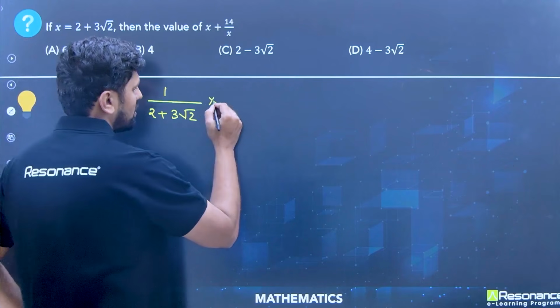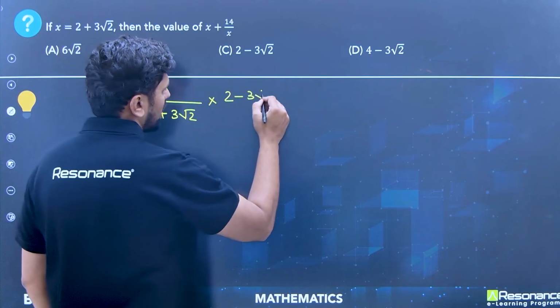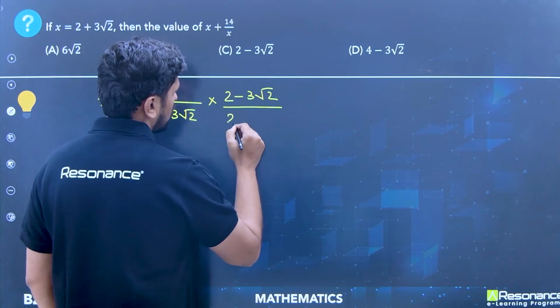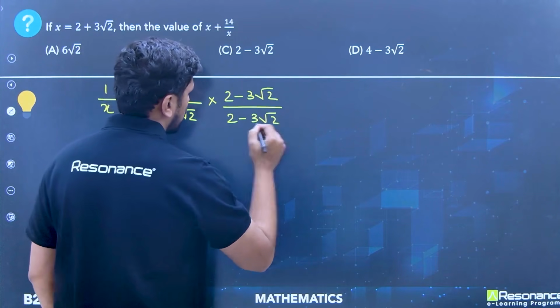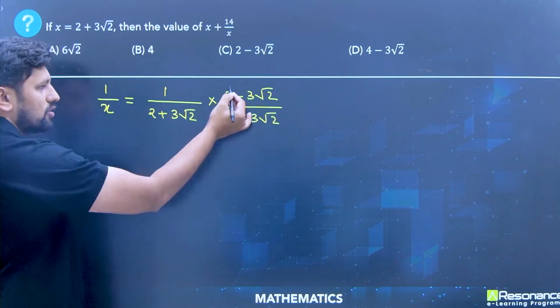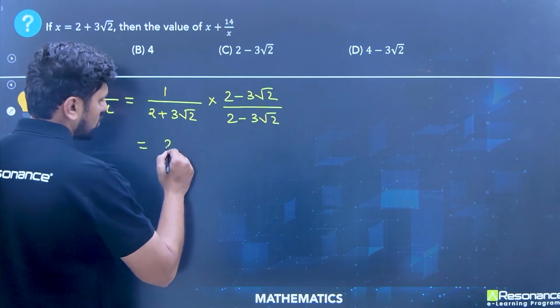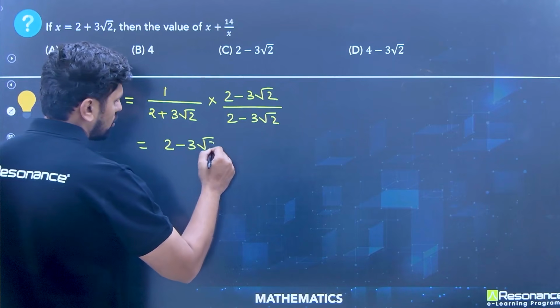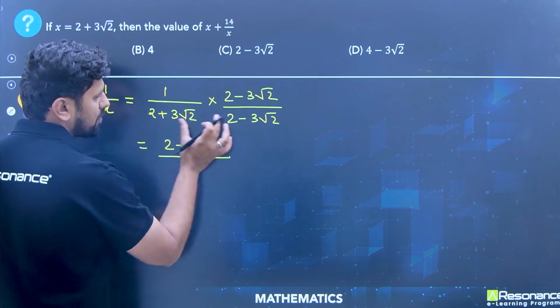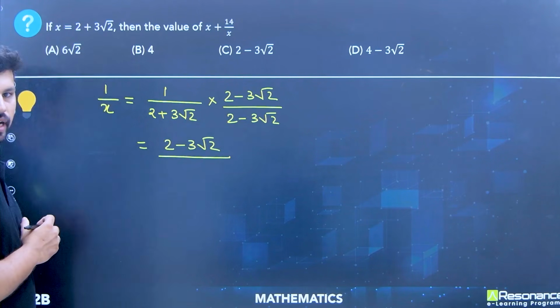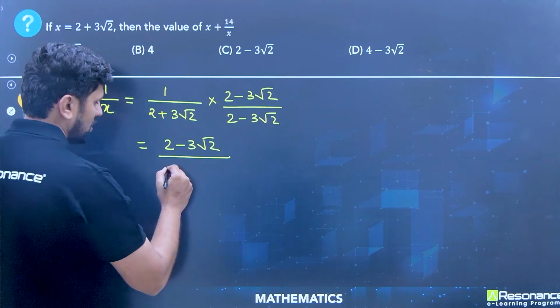Now we will just rationalize it. 2 minus 3 root 2 upon 2 minus 3 root 2. Because plus was here, so we will rationalize it by minus. Correct? So this will become 2 minus 3 root 2 upon a plus b into a minus b. That is a square minus b square.